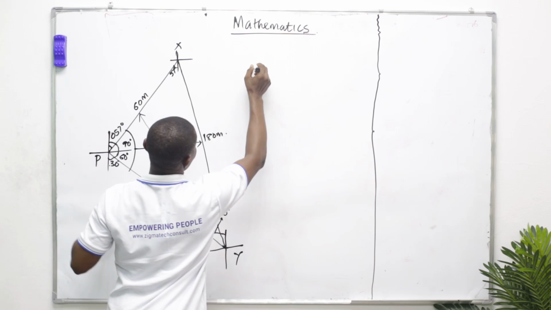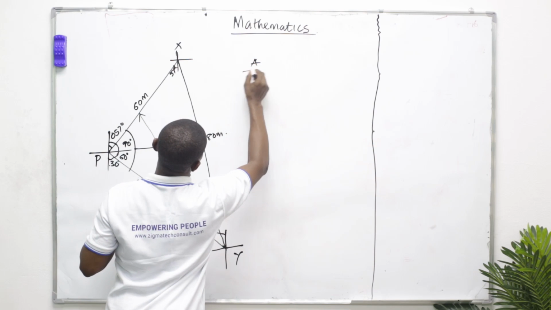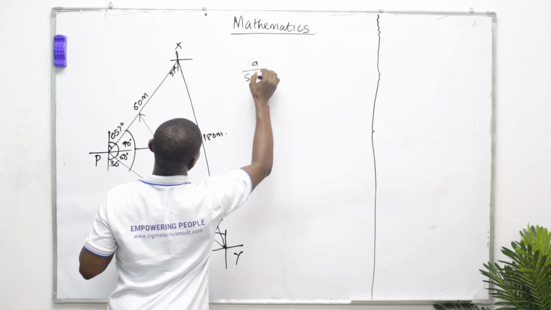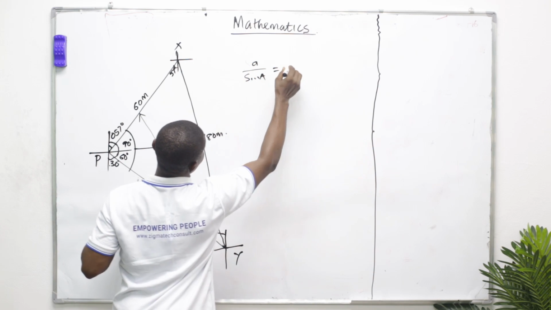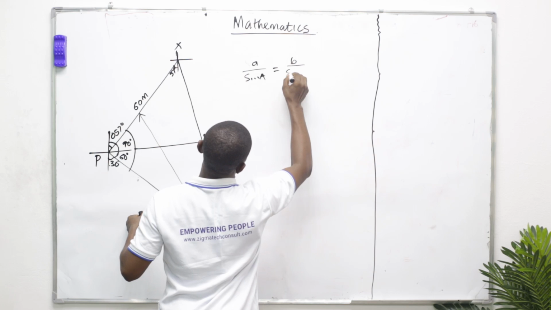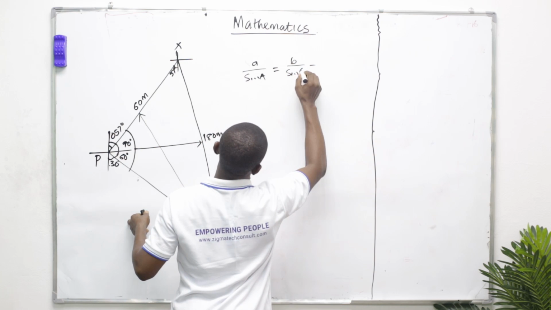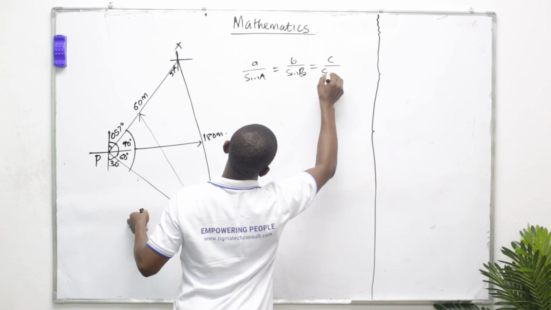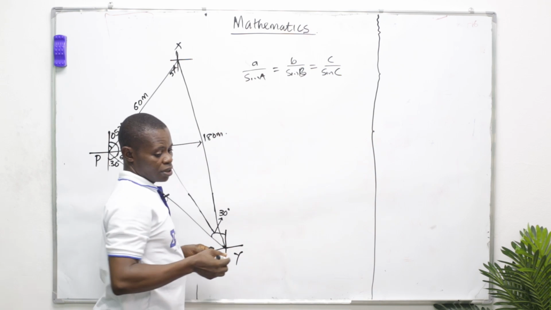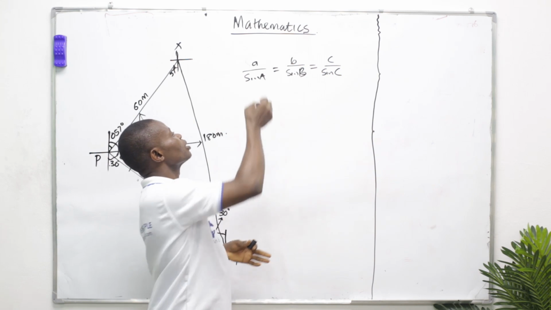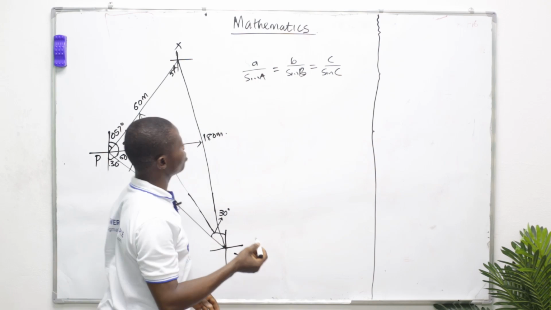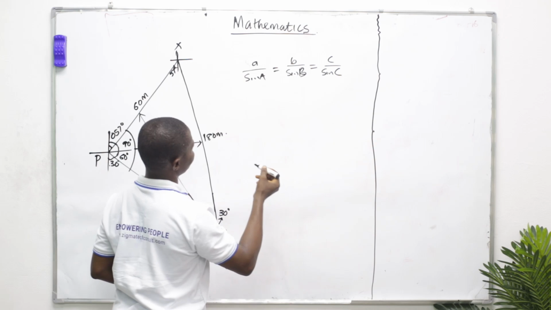If you have the record that small a over sine capital A equals small b over sine capital B equals small c over sine capital C. Another person may decide to use sine capital A over small a. Any one you prefer, you can use.